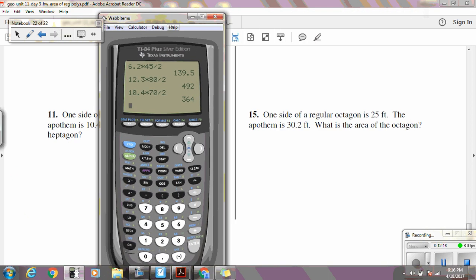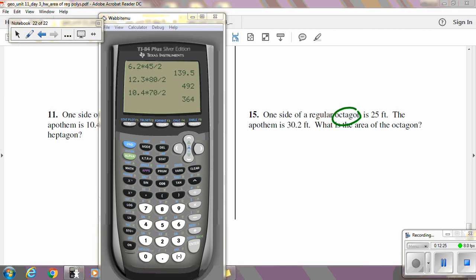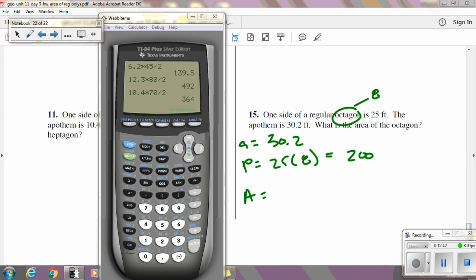And number 15. One side of a regular octagon is 25 feet. The apothem is 30.2. What is the area? Octagon has 8 sides. My apothem, 30.2. My perimeter, take 25 times 8, which is 200. Area again is apothem times perimeter over 2. 30.2 times 200 over 2.